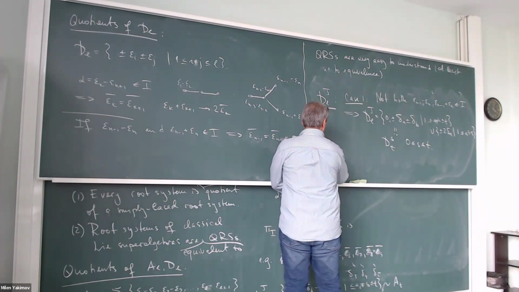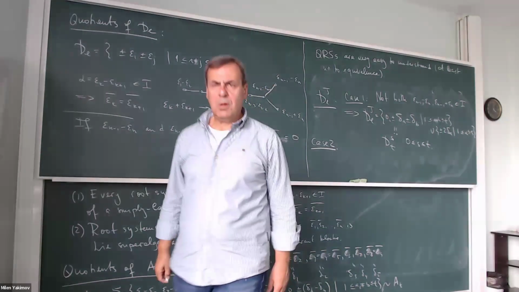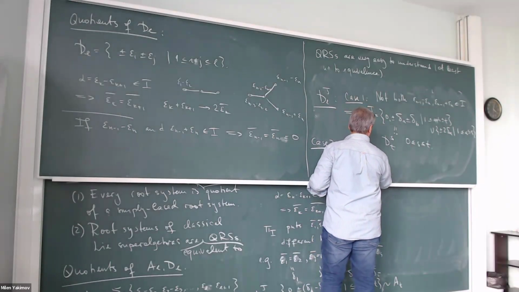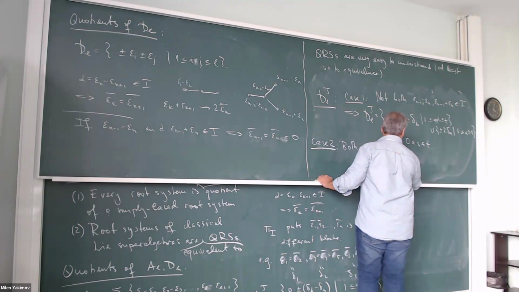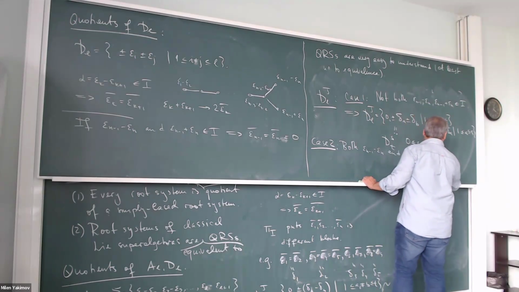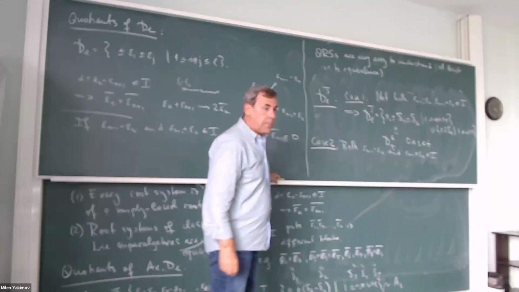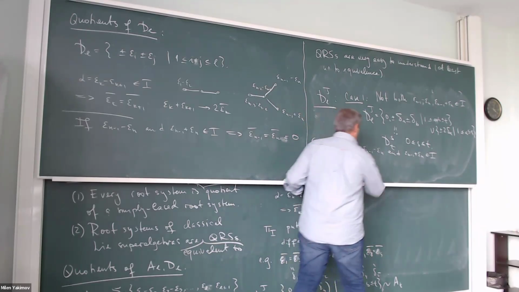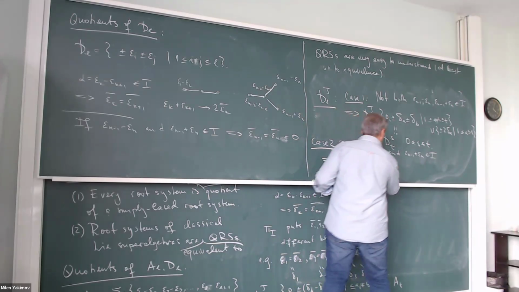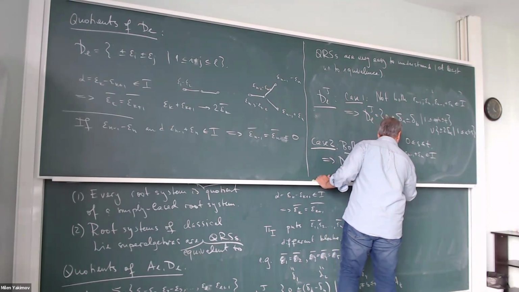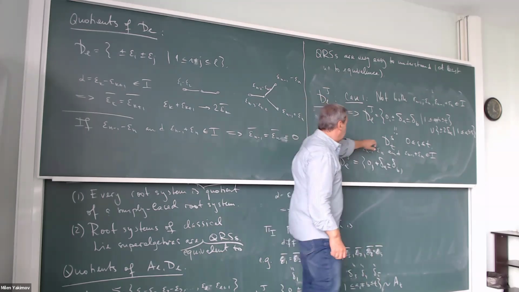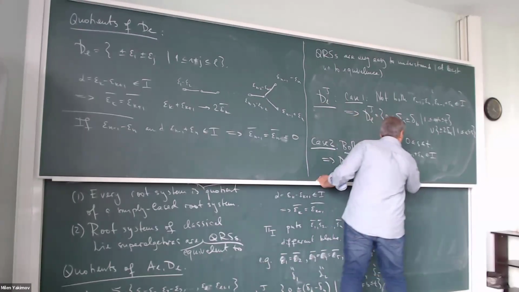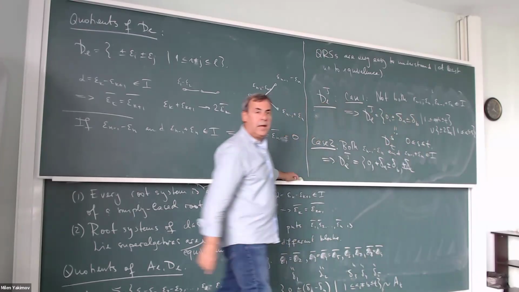However, in case 2, where both epsilon n minus 1 minus epsilon n and epsilon n minus 1 plus epsilon n belong to I, then the projected system would have 0 as a root, would have delta A plus minus delta B. But because I have projections to 0, it would have also plus minus delta A entry.